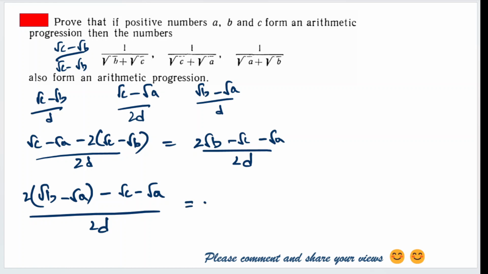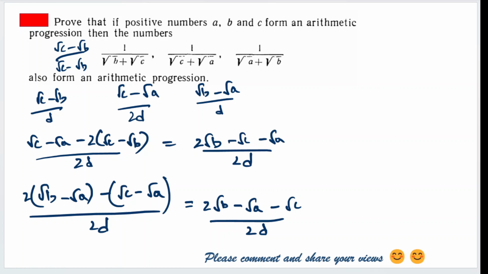This again becomes 2 root b minus 2 root a, minus root c plus root a, by 2d. Right, 2 root b minus 2 root a plus root a, which is minus root a minus root c.